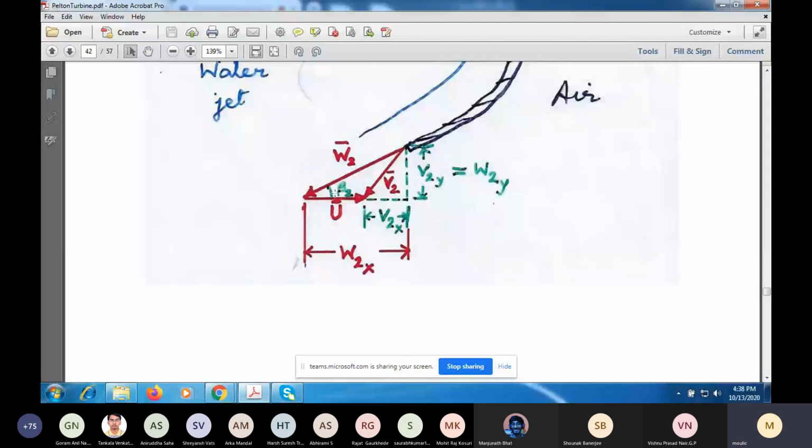As you can see here, if I look at the y component, then the y component of the vectors W and V, they are the same. But the x components differ. W2x is larger than V2x by this amount, which is the speed u of the translating vane.